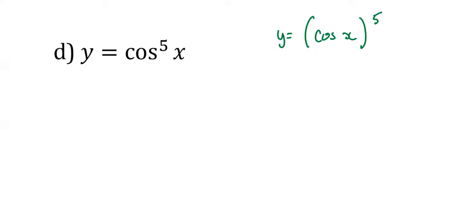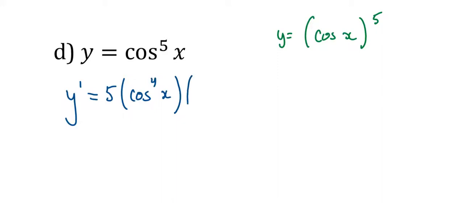So we're going to try to make note of it and watch for it. So how would we do this one? We do the exponent. I bring the 5 out front. Subtract 1 from the exponent. Then multiply by the derivative of what's inside. Derivative of cos is negative sine.